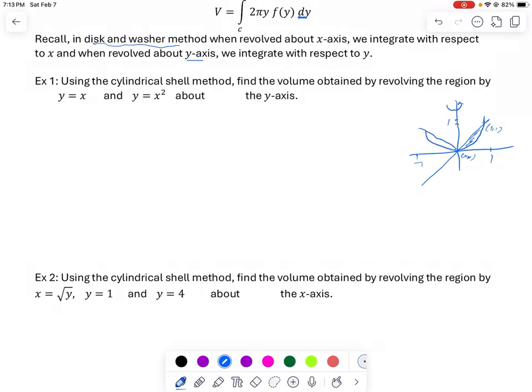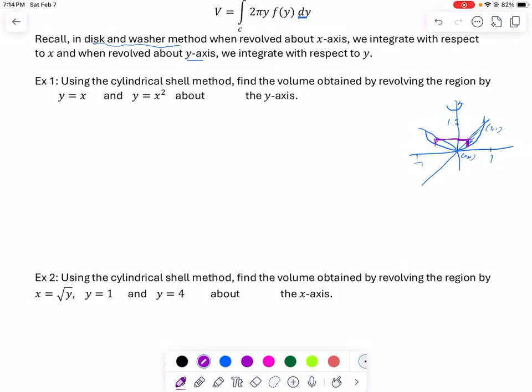So this will be our cylinder, like that. Okay, so what is the radius? That is going to be x, because we are revolving about the y-axis, and the height will be the difference between these two.